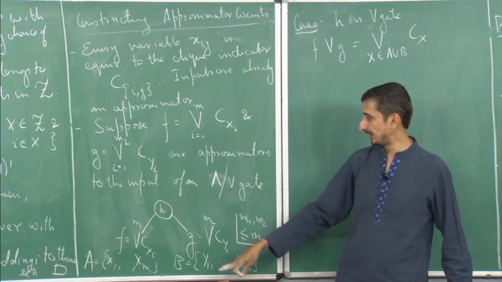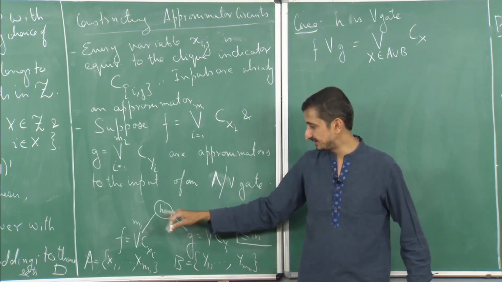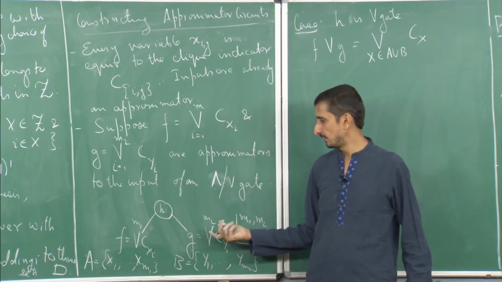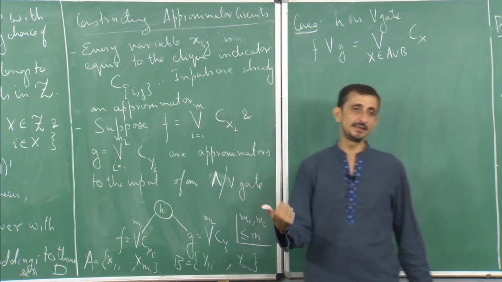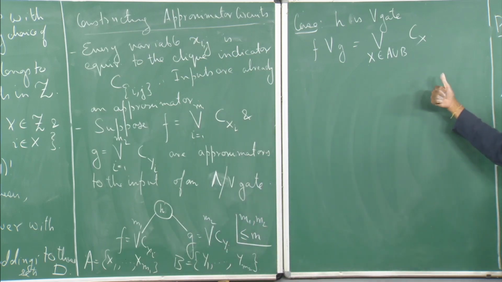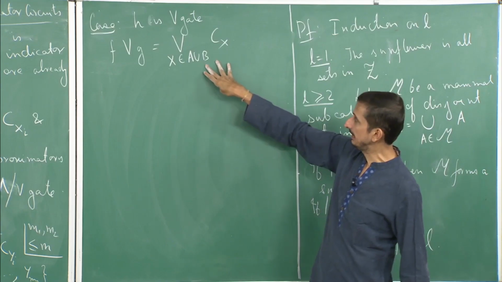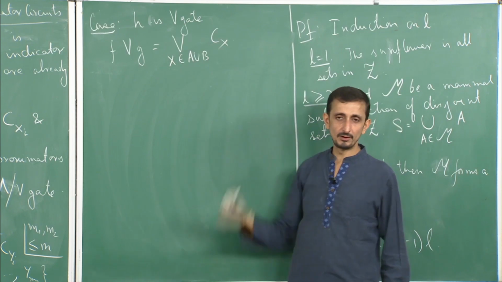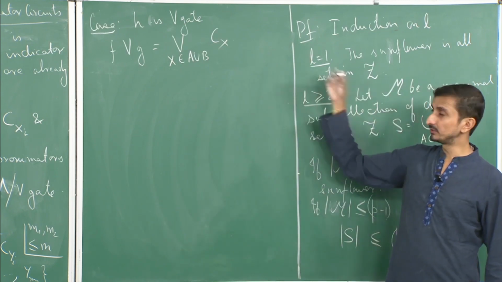If H is an OR gate, the function will evaluate to true if one of the clique indicators is 1, and that is exactly what I have written here: look at a set from A union B; if C of x is equal to 1, then this evaluates to 1. But what is the problem with this definition?